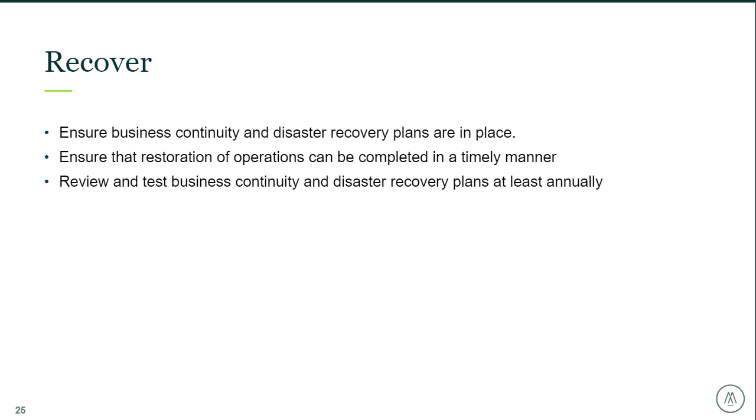And you document those. The disaster recovery plans are really the IT plans to recover the systems: bring the backups back, do the restores of the data, and get things operational again.